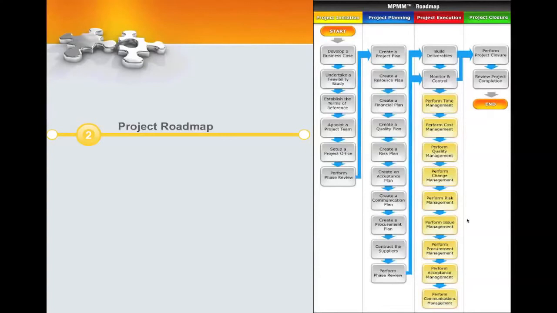Then performing issue management. This is another area where teams may be tracking issues, but if they're just tracking issues in, say, a log, and nothing's ever happening, then issues aren't getting addressed, and they can compound problems on your project.